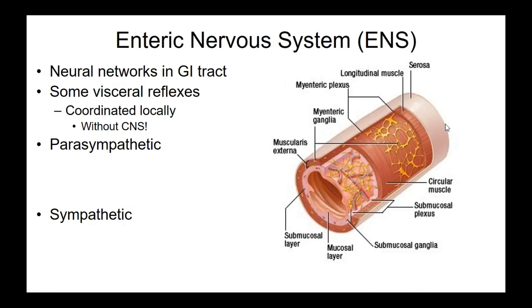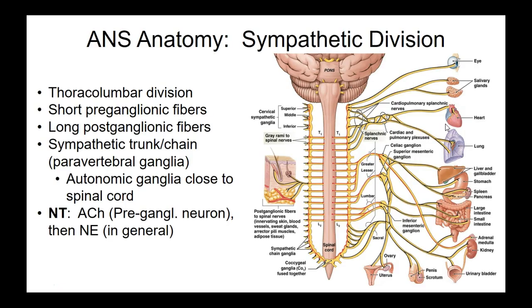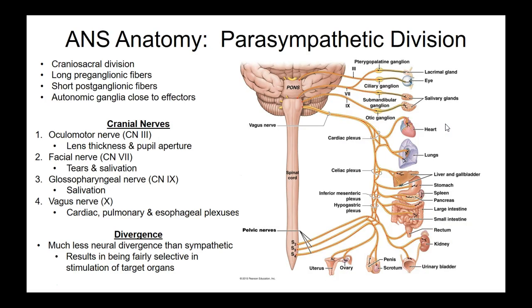Now, I'm going to talk about the dual nature of the viscera or the effectors. A lot of them, if you took a look at the previous two slides, you'll notice that not only do you see innervation of a lot of this viscera by the sympathetic nervous system, but if you go back to the parasympathetic, a lot of the same organs are also innervated by the parasympathetic, right?